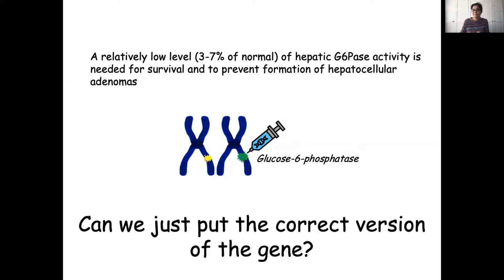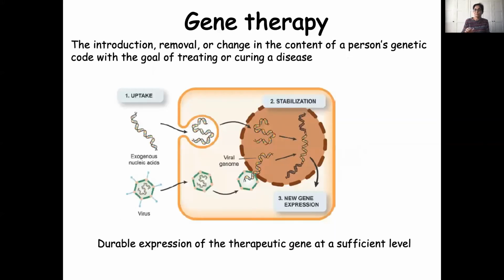And now that takes me to the topic of gene therapy. If we look at the definition, gene therapy is defined as the introduction, removal, or changing of the content of the genetic component of the individual in the cell with the aim to treat or cure a disease. So we want to put a new gene into the cell.